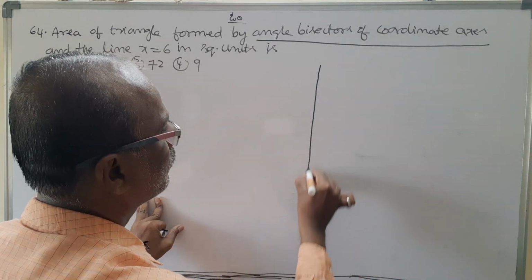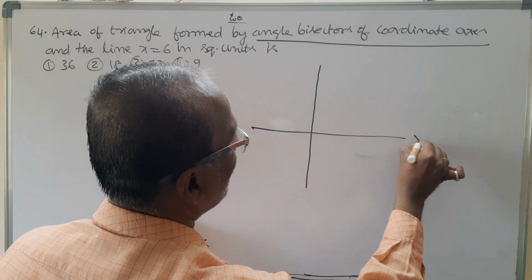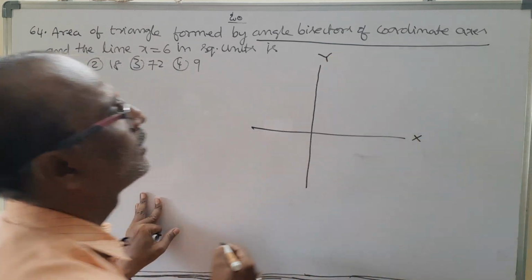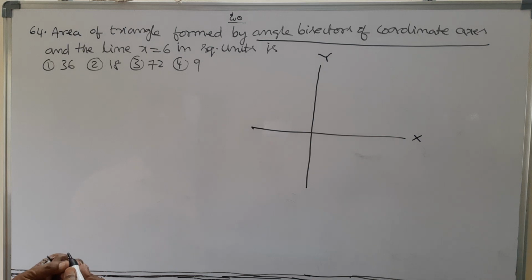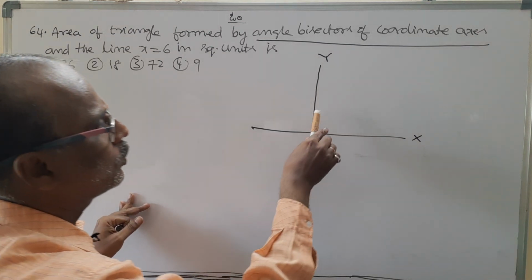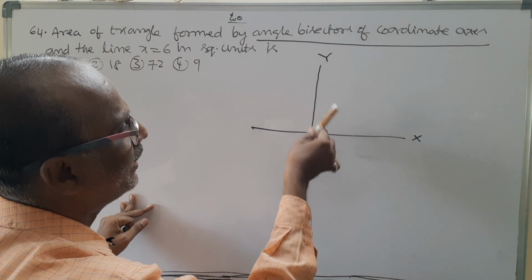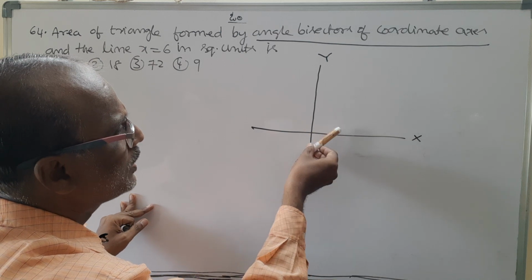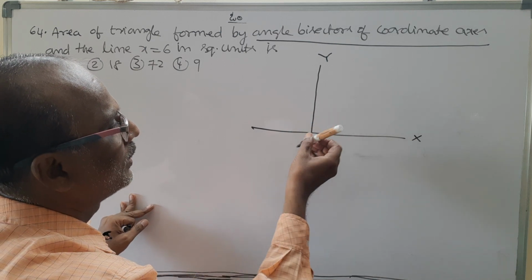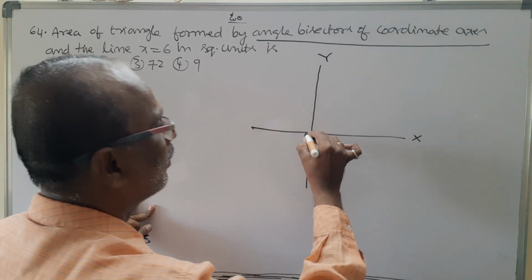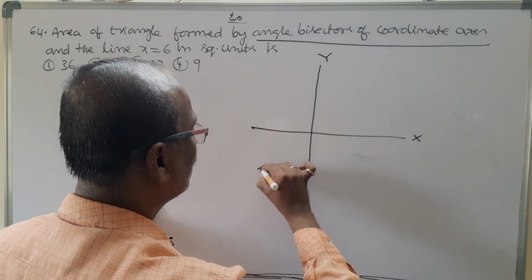Observe that this is the x-axis, this is the y-axis. The total angle of the coordinate axes is 90 degrees. The line passing through 45 degrees is called the angle bisector. Here two lines are there.